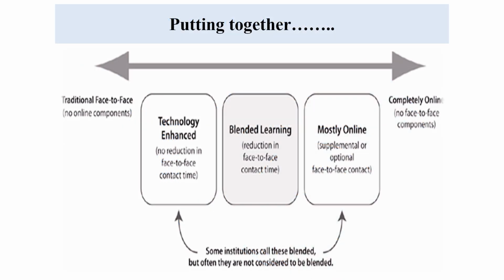Putting the generic understanding of blended learning together. As we see the two extremities of the arrow, traditional face-to-face to completely online, we find three blocks: technology enhanced, blended learning, and mostly online.